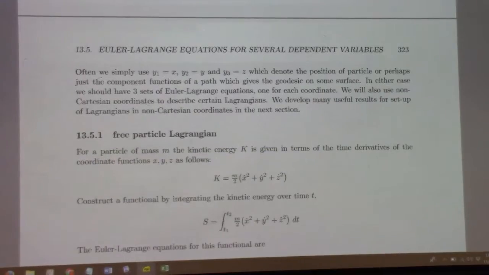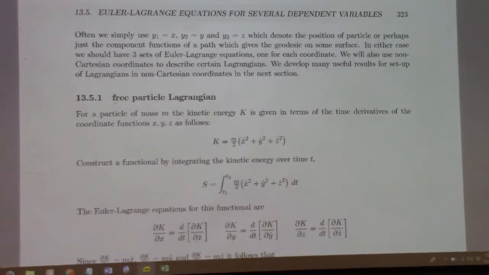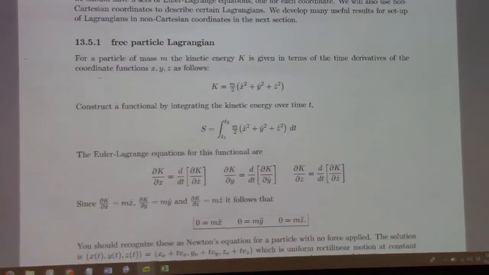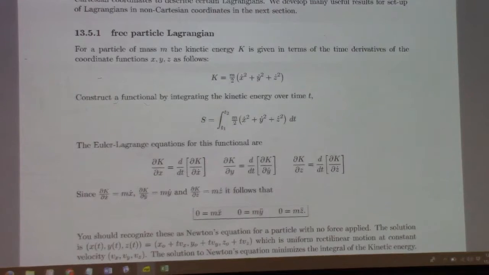Now, that allows us to do things like set up the free particle Lagrangian. So I'll talk more about this in the next class because I want to explain the physics of this. This is a way of reformulating classical mechanics. And it's really quite beautiful.